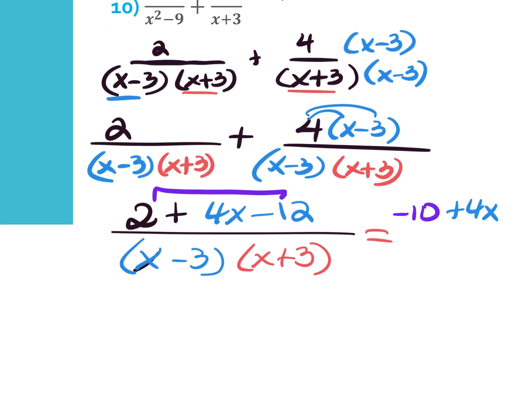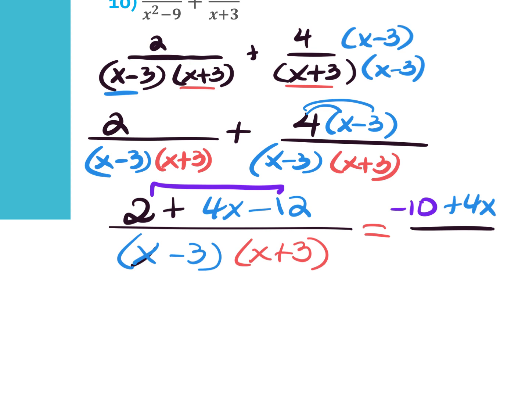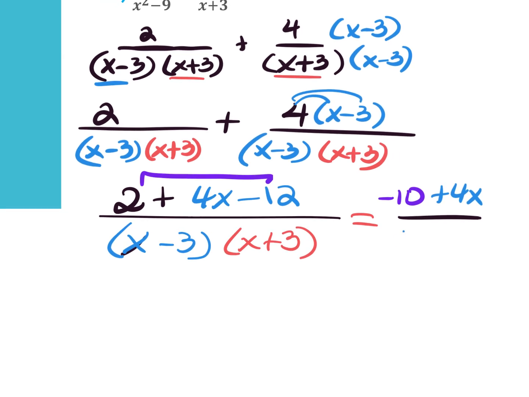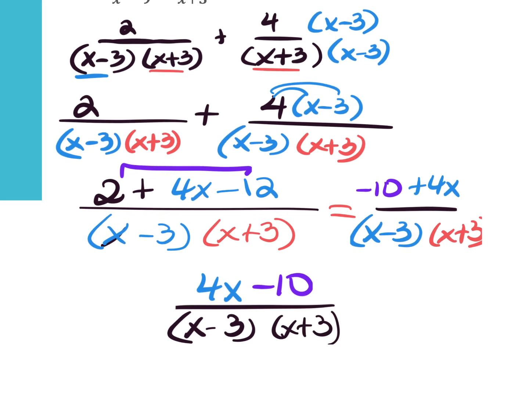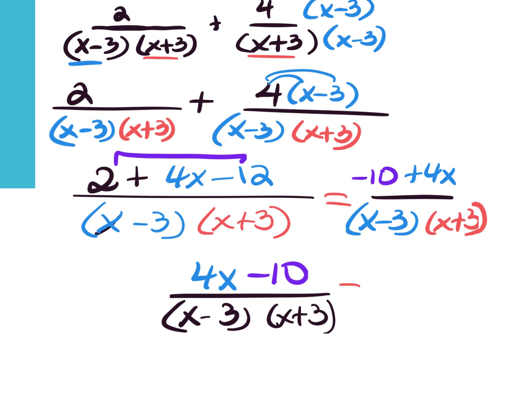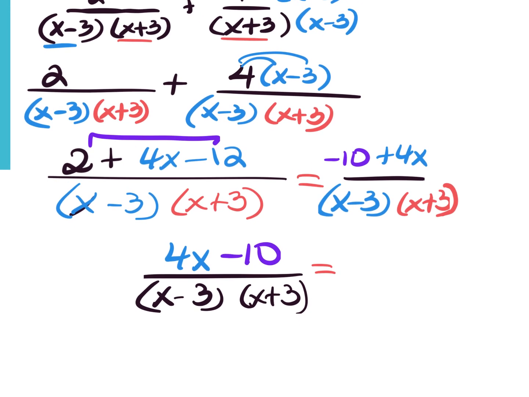Now, you can also write it, which would probably be better if you put the variable first, but again, it doesn't matter. So I'm going to flip it around. I'm going to put the 4x first, minus 10, and then the x minus 3, x plus 3. Now, factor the numerator, see if anything will cancel. I can factor out a GCF of 2.